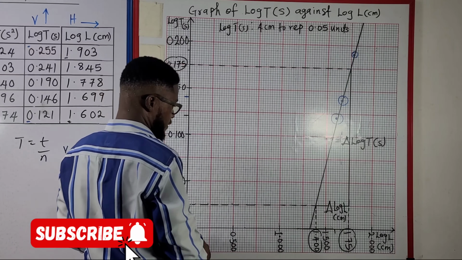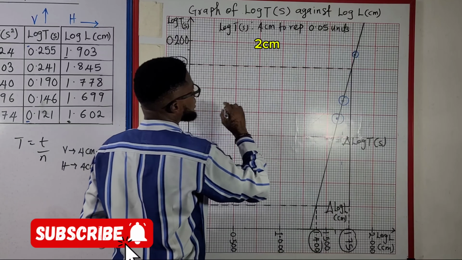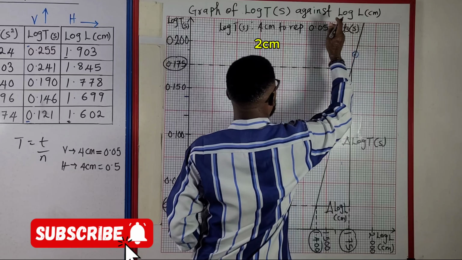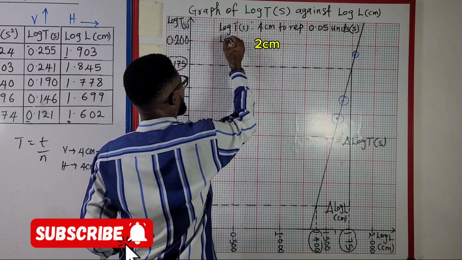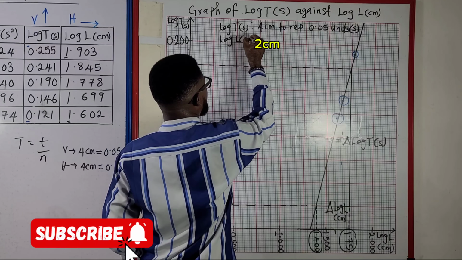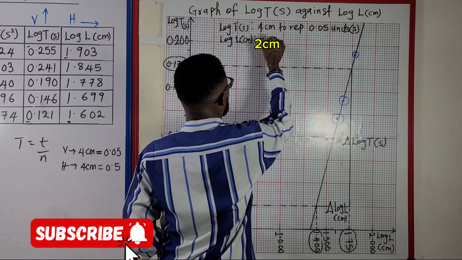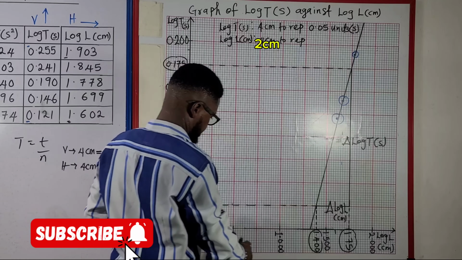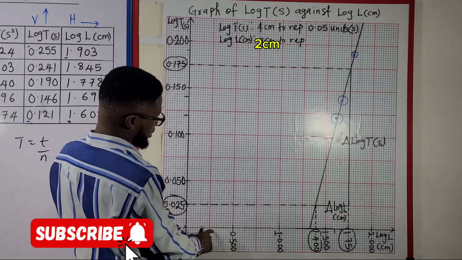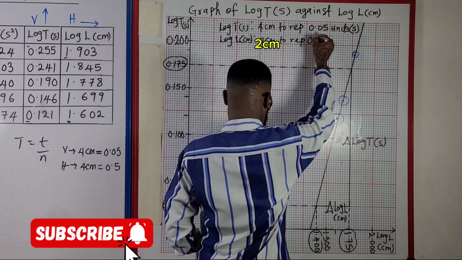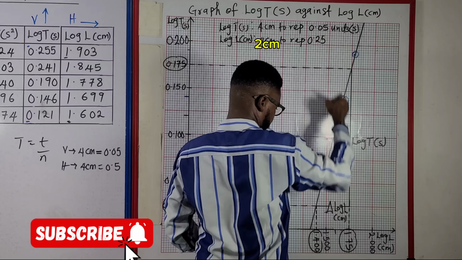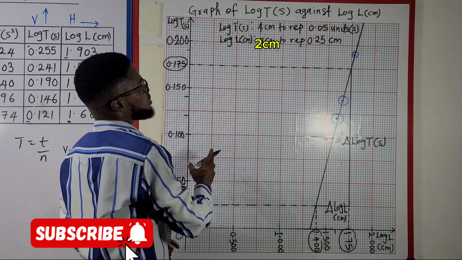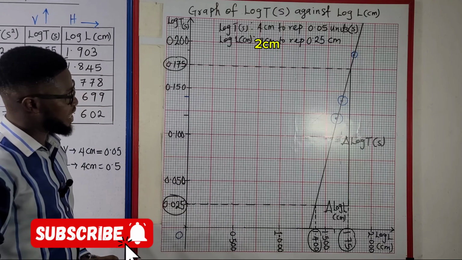And for the vertical axis, instead of writing unit, you can write seconds. And for log L in centimeter, my scale is 4 centimeter to represent 0.25 centimeters. That is what my scale is exactly like.